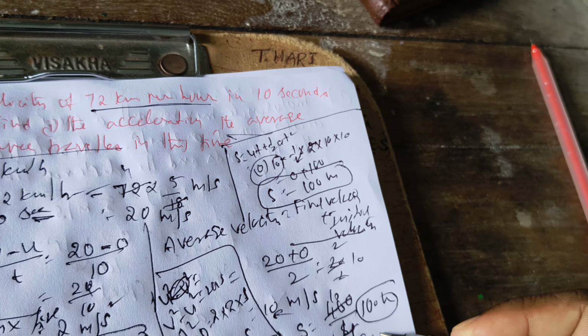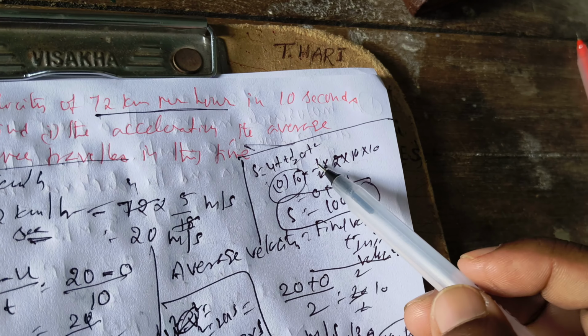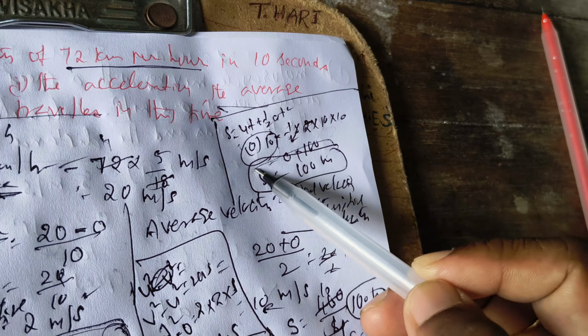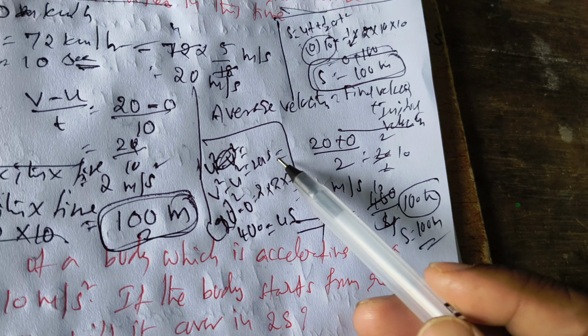See, by using the simple formula, distance is equal to average velocity into time, we get 100 meters. Then by using the second equation, S equals UT plus half AT square, we also get 100 meters. Or by using another formula, V square minus U square is equal to 2AS, we also get 100 meters.